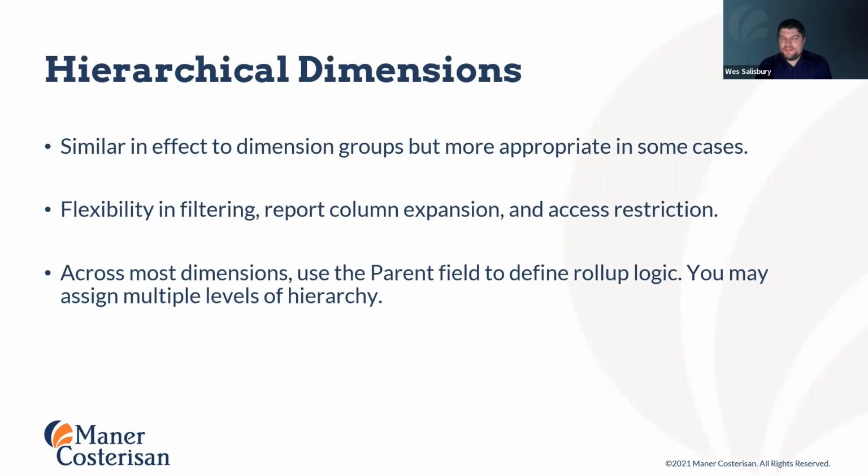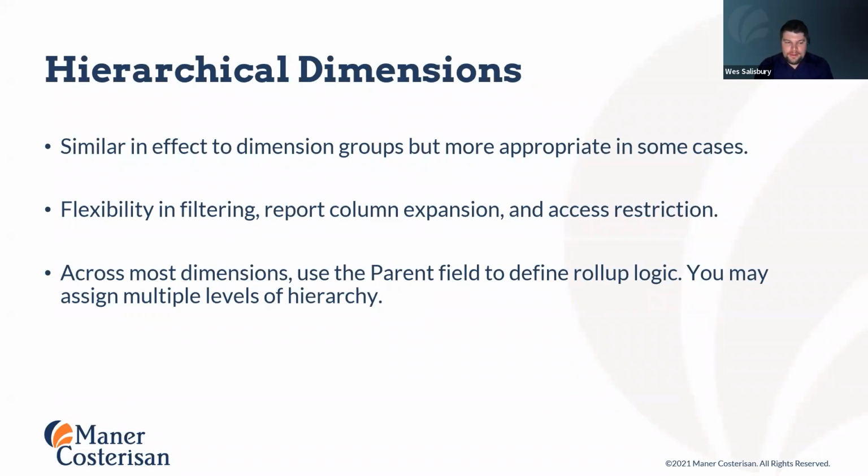So with hierarchical dimensions, there's really nothing all that special. There's no special spot in the system you need to go to set them up. Across most of the dimensions in the system, all you have to do is use the parent field when you're setting up a dimension to define roll-up logic.